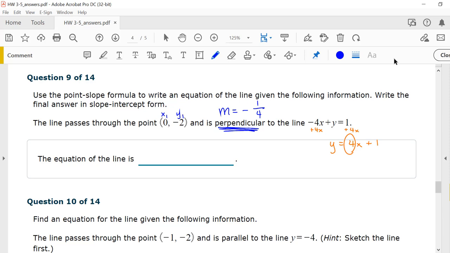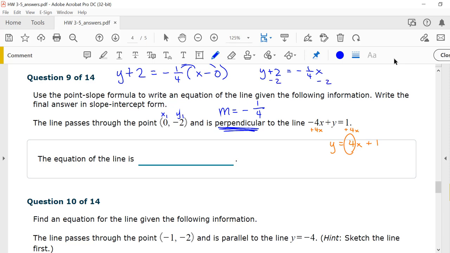0, negative 2. So you can either do it this way, y minus negative 2 equals slope, negative 1/4, x minus 0. So if I distribute, I would get y plus 2 equals negative 1/4 x plus 0.